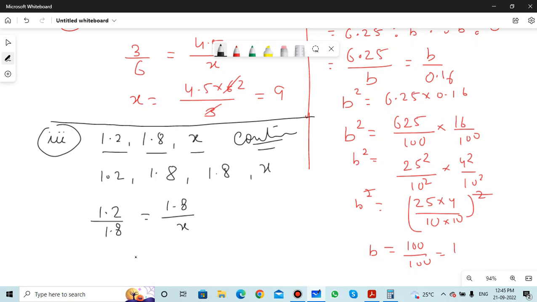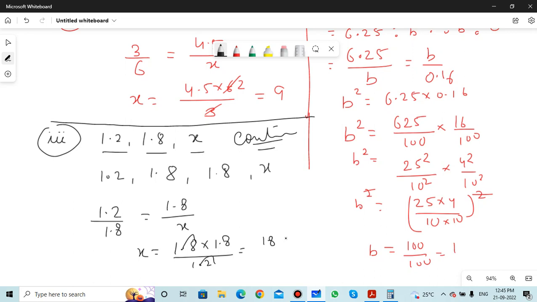So if you solve it, what does it become? x is equal to 1.8 into 1.8 upon 1.2. So move the decimal here, it becomes this much.